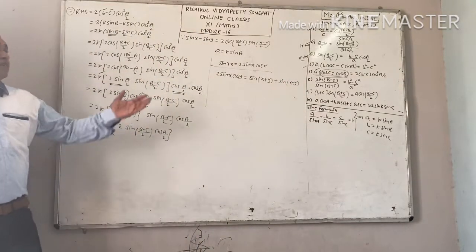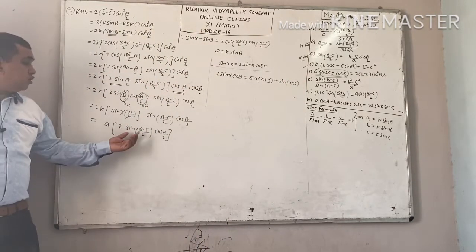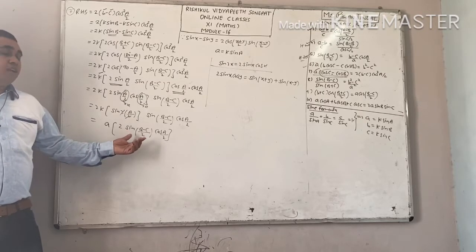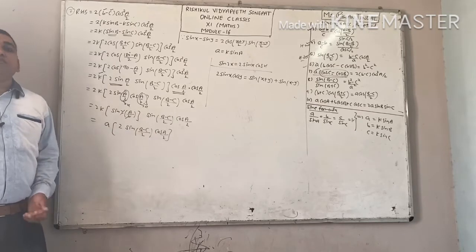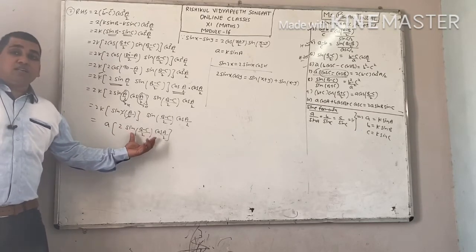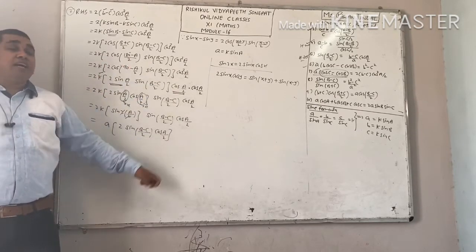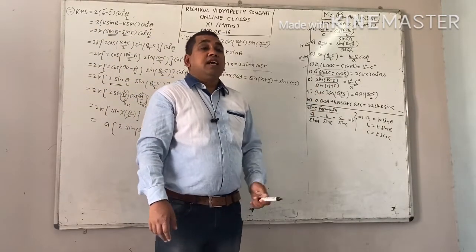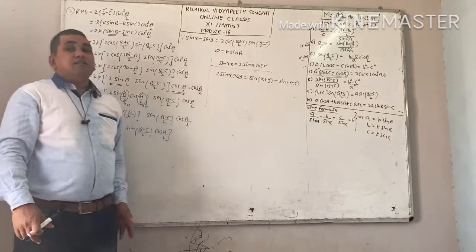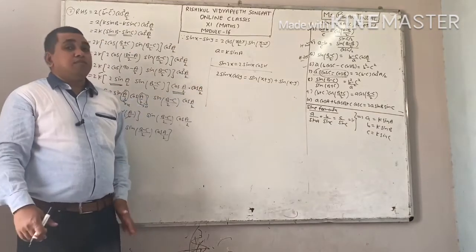When will we apply such a formula? When one term of sine and one term of cos are in product, and we require the answer in plus or in minus, then we apply such a type of formula.